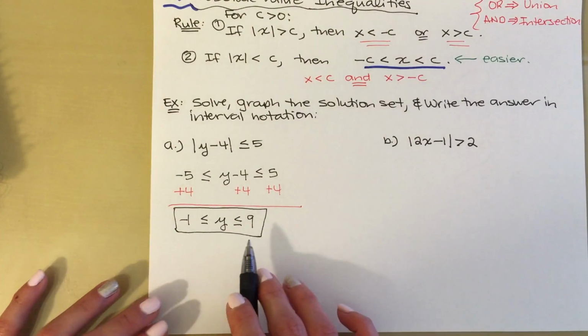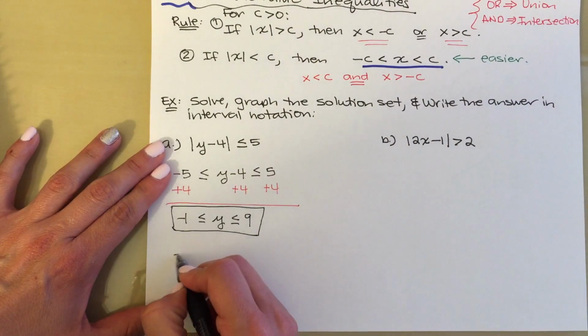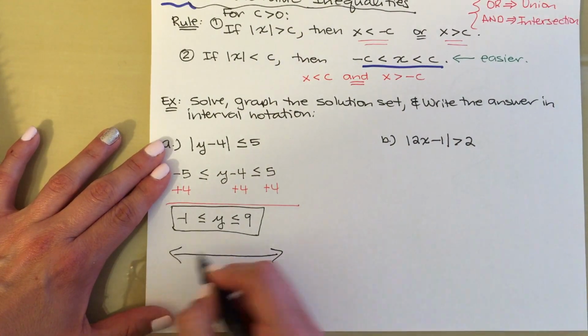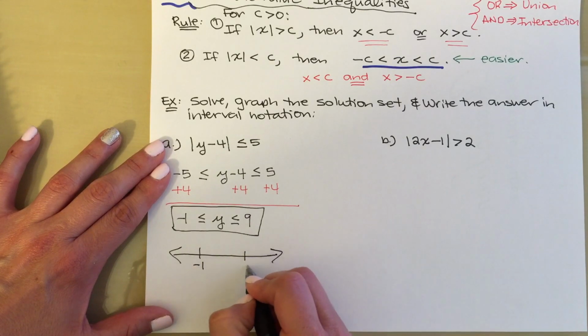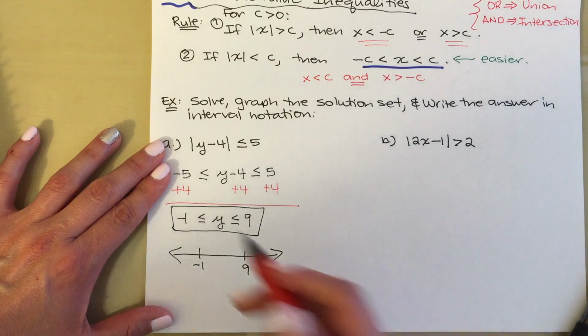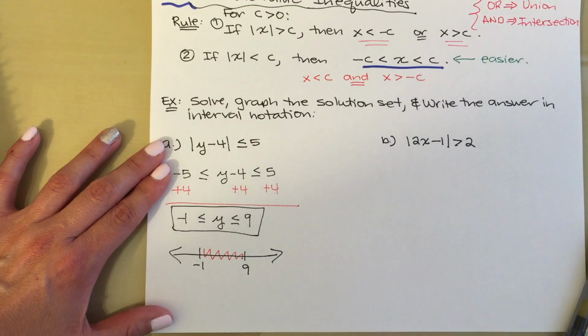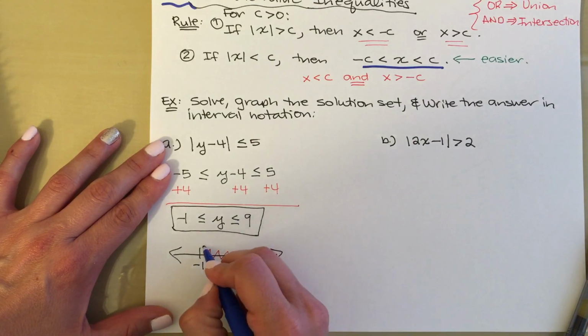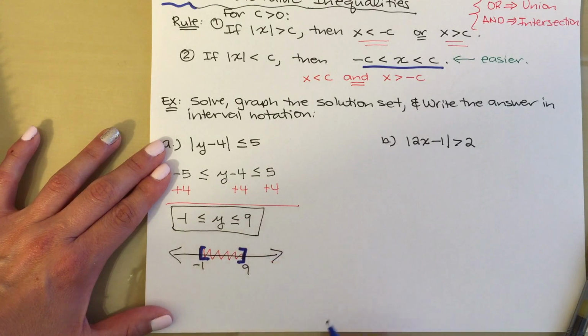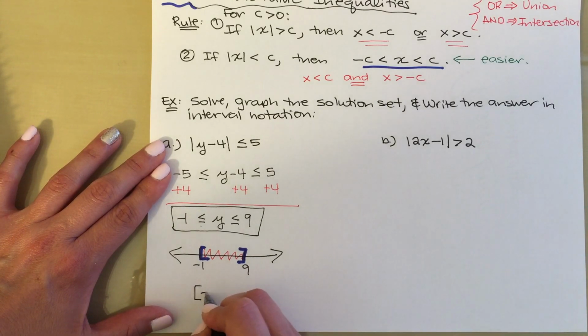For these problems, graphing and interval notation are really easy because we always shade between the 2 numbers. And we have to make sure we use a bracket for both negative 1 and 9 since they both have an equal. And interval notation follows: negative 1, 9.